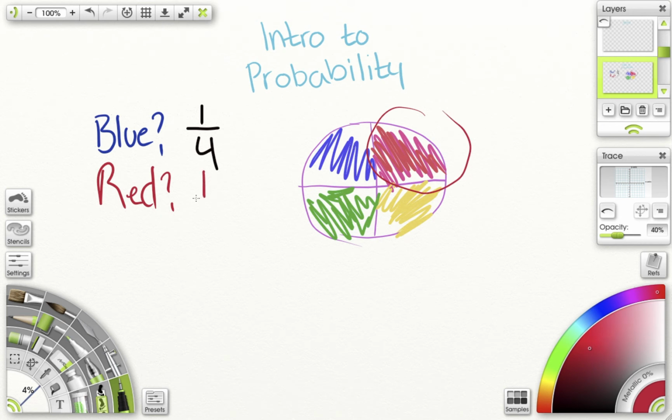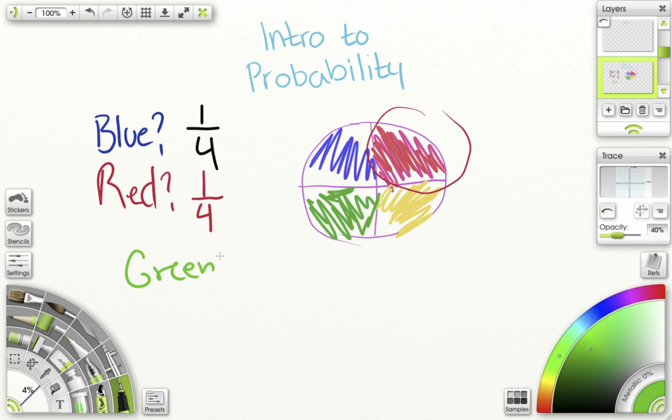So if I spin a spinner, it has a 1 in 4 chance, as in if I spin the spinner 4 times, 1 out of the 4 of them should land on red. What about green?